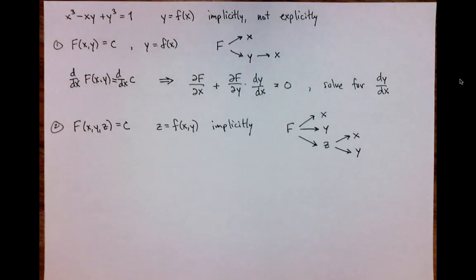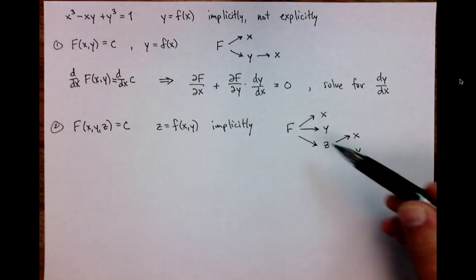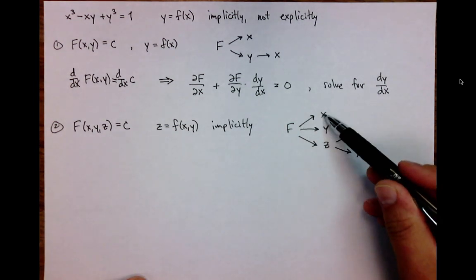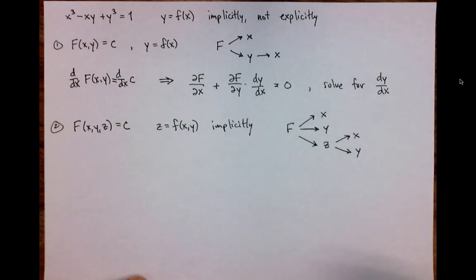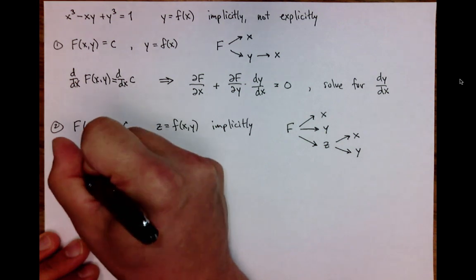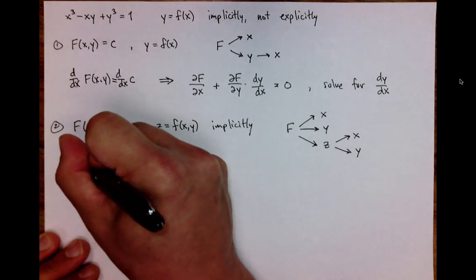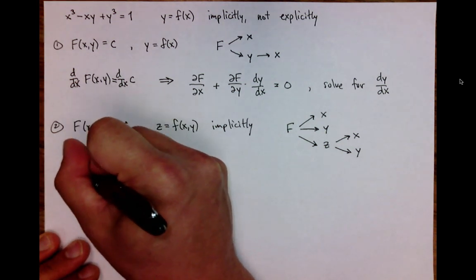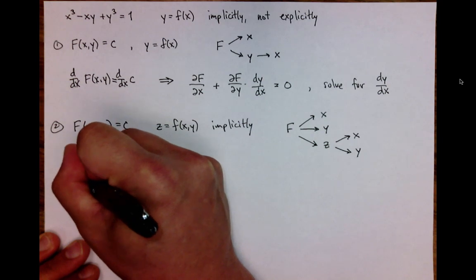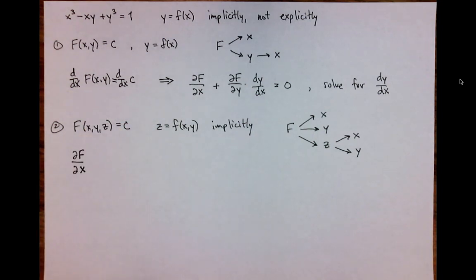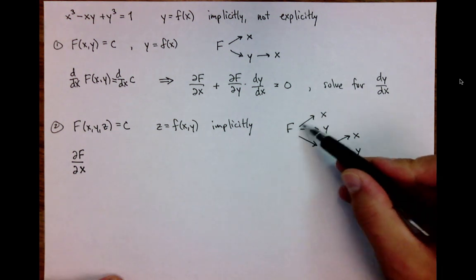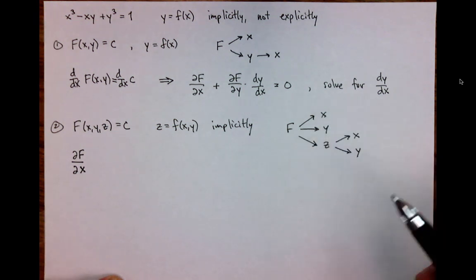All right, so I have 2 paths to get from f to x. I have the top branch here, and then I have the bottom followed by the top there. So that means in order to get the x derivative on the left-hand side, I follow the top branch to get partial of f with respect to x.